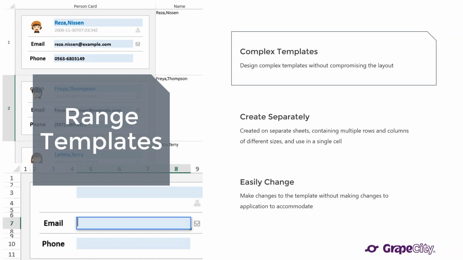These templates can be created on separate sheets containing multiple rows and columns of different sizes. That template can then be used in other sheets within a single cell. Making changes to the template is easy as well, as layout changes will not need to be made in your dashboard, report, or spreadsheet in order to accommodate those template changes.